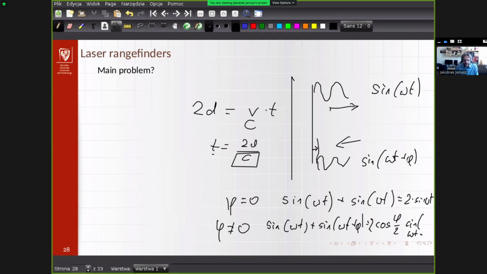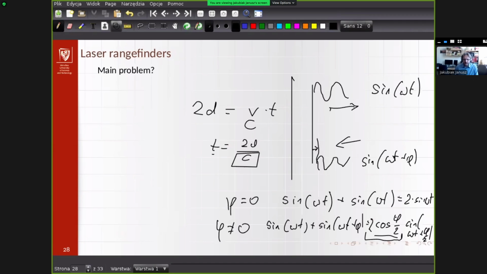It is the same frequency, but a little bit shifted. But what is important, the amplitude here is not 2 times the original amplitude, but it is reduced, a smaller one, depending on the shift. So when the shift is 0, you get 2.